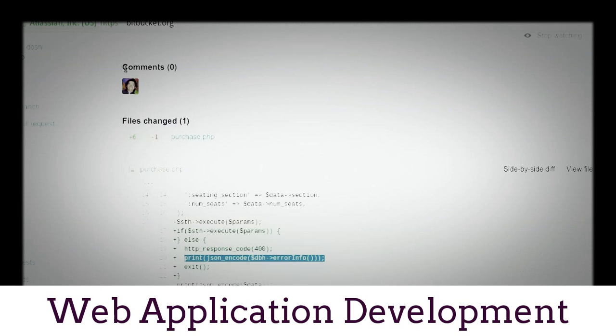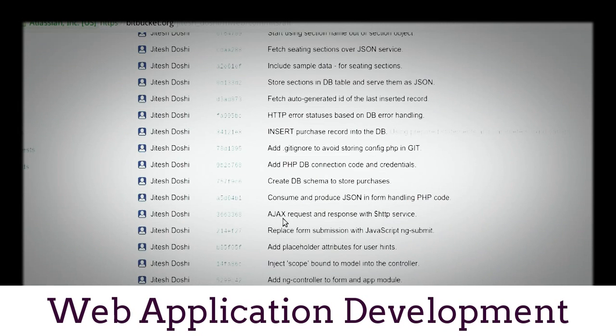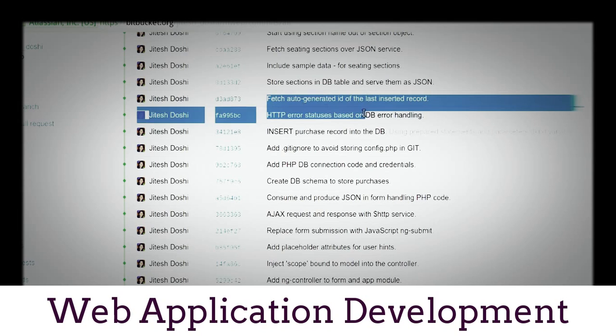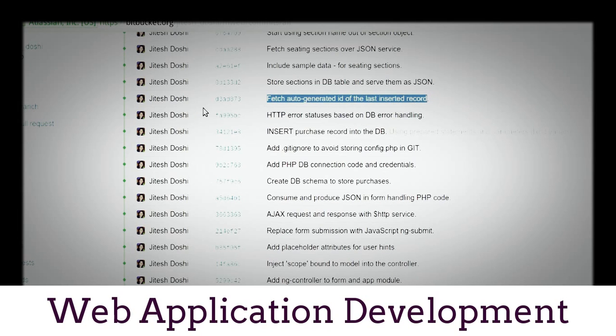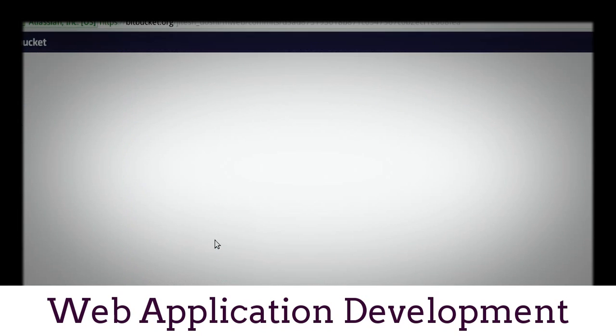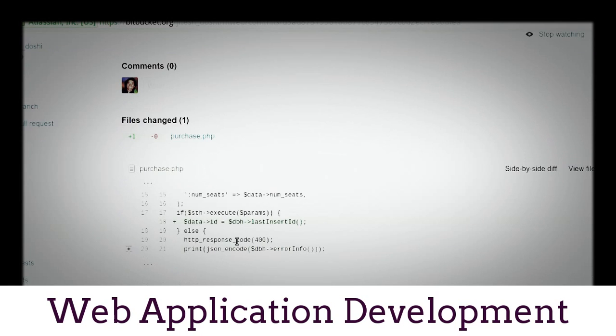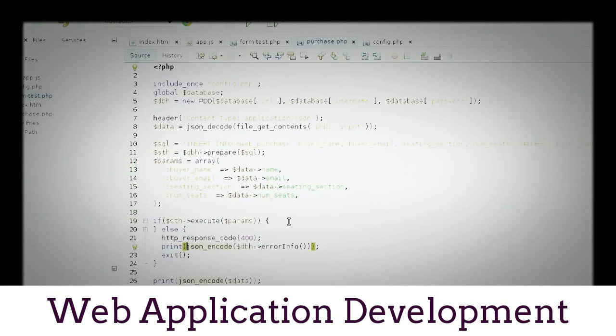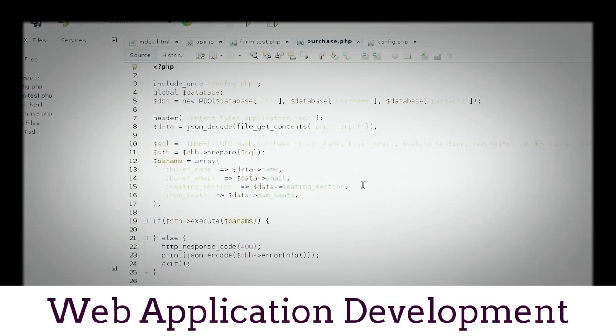Let's keep going. If we wanted to know the ID that was inserted, all we have to do is determine it using last inserted ID. So when we succeed, we say $dbh lastInsertId, and we'll just assign it to data ID.